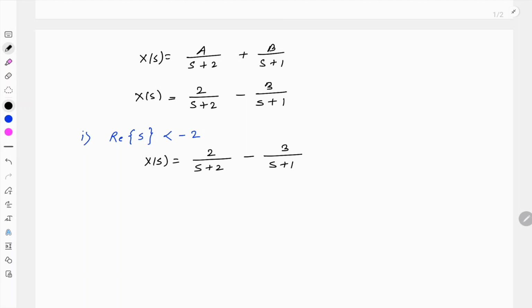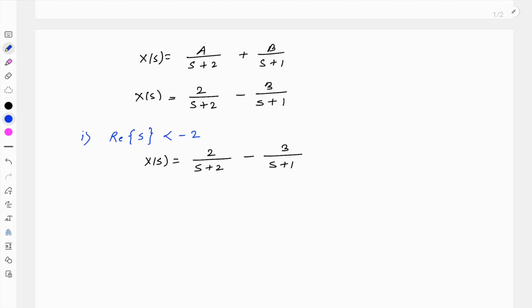In this case we need to make use of a standard result where we should get RoC less than minus 2. So we cannot use the first result, that is e raised to minus at into u of t. For that case RoC is greater than minus 2. But here the required equation is less than. So whenever it is less than, most of the times you have to use the result of u of minus t.